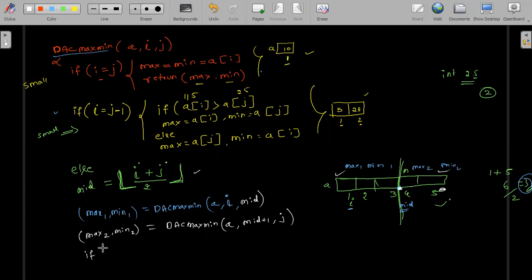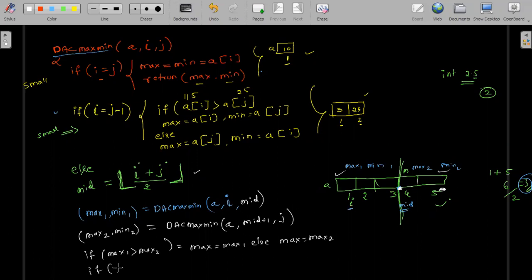That is the reason why, if max 1 is greater than max 2, then max 1 is the max. That is, max is equal to max 1. Otherwise, else max 2: max is equal to max 2.